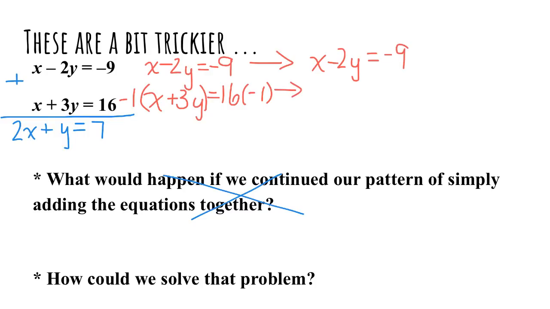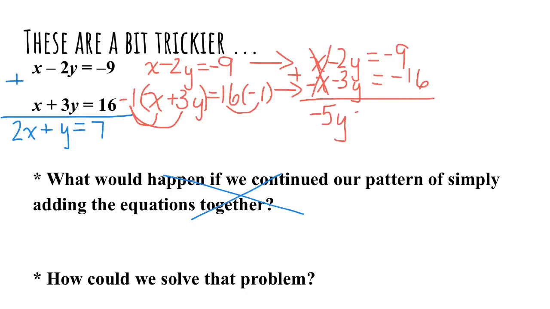But on the bottom one, if I take -1 times x, I'm going to get a -x. -1 times 3y, a -3y, and 16 times -1 is -16. Well, that looks much better. If I were to add these together, then I would be able to eliminate my x's, and I would have -5y's on one side and -25 on the other. And now things are looking better.